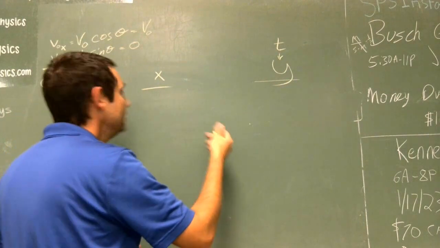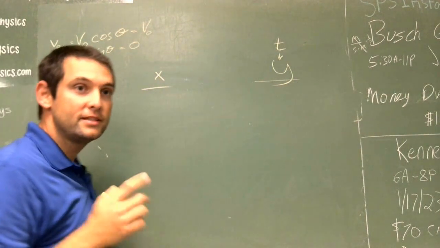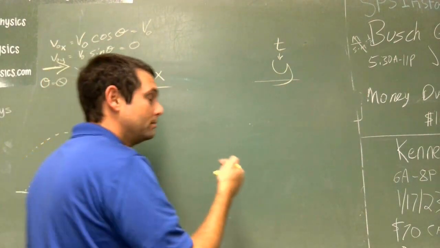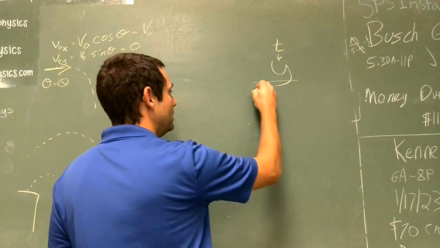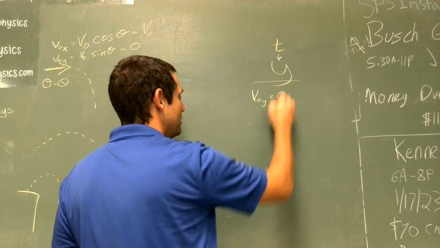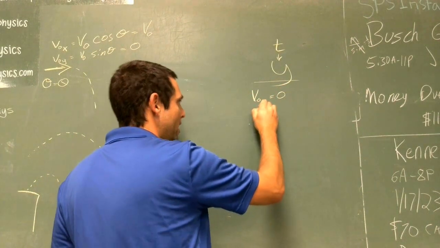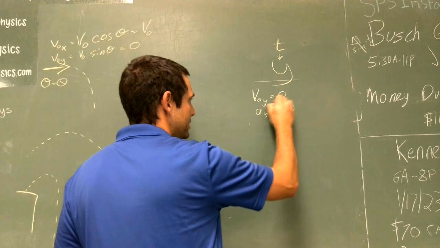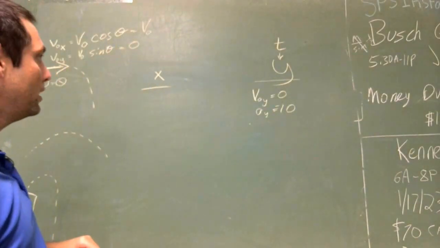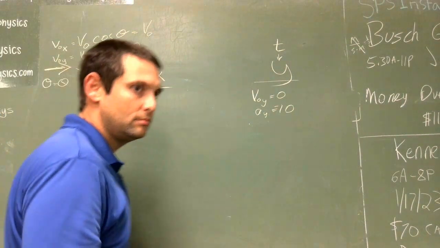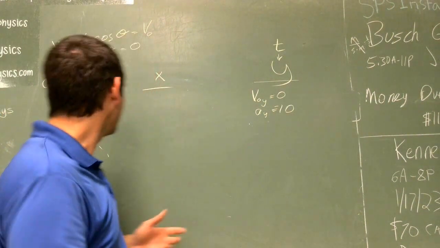In the y direction, in case number one, several things are going to be given to us. Maybe we don't recognize it, maybe we do. But we have initial velocity in the y equals 0. We know our acceleration in the y equals negative 10. And that's it. We don't have anything else.